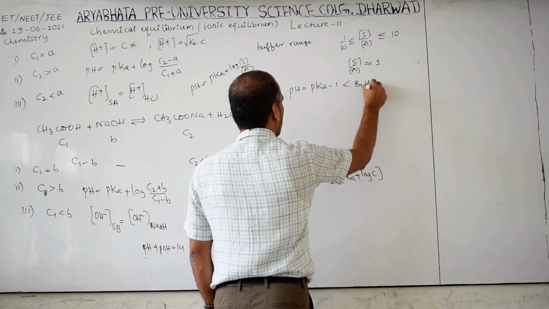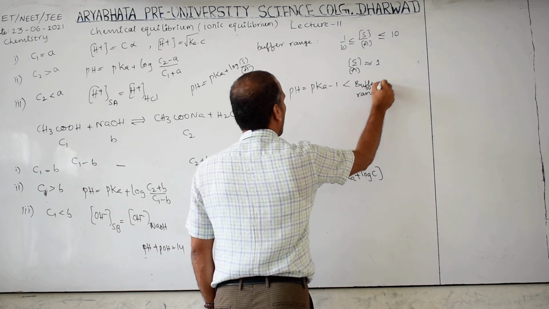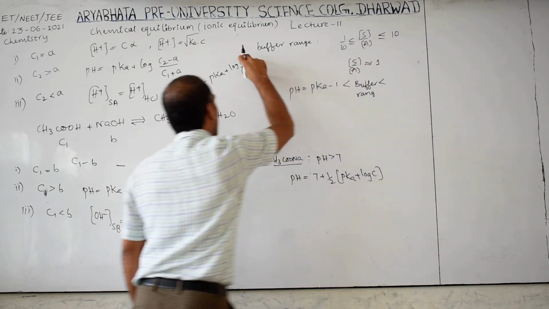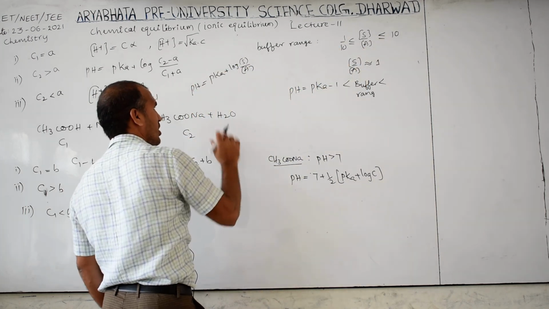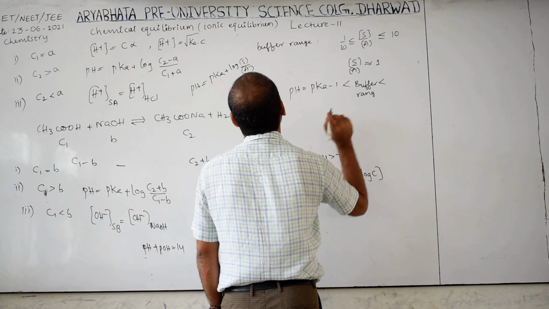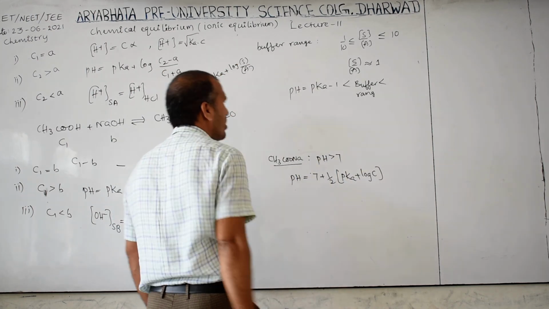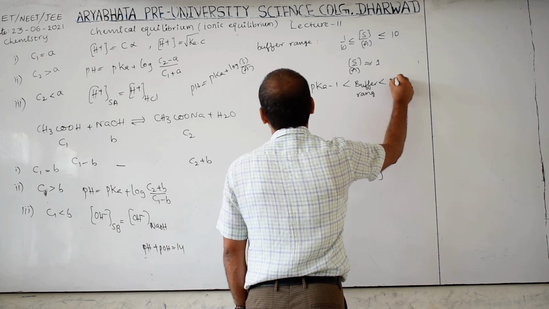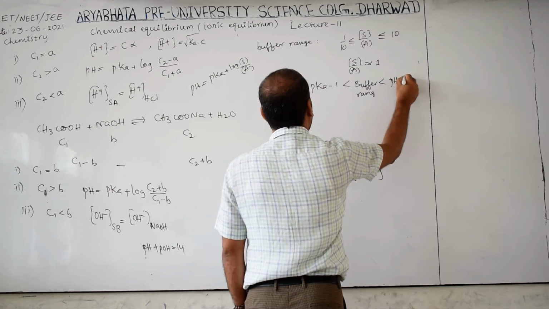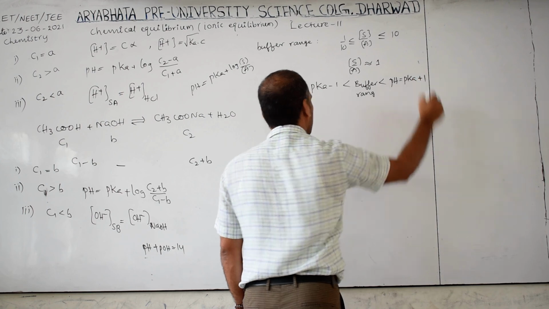Buffer range. Next, if you put 10 here, salt by acid concentration 10, log 10 value is 1. Therefore pH is equal to pKa plus 1.